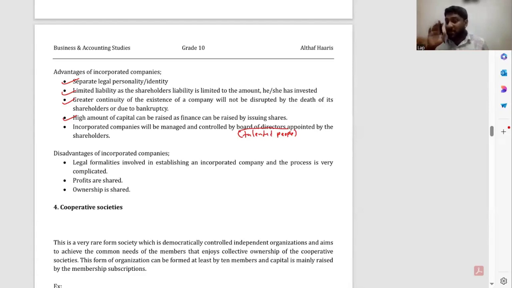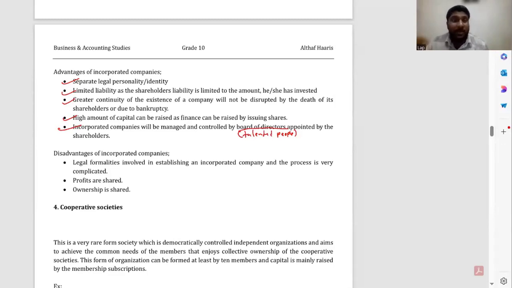But incorporated businesses are not like that. I am one of the shareholders of Dialog, so one of the owners, but to run the business I am not going to Dialog. There is a separate board of directors who run the business nicely because they are from that industry. They know the business in and out. Advantages.